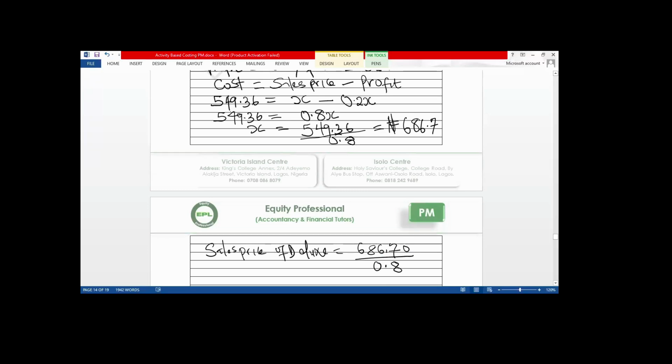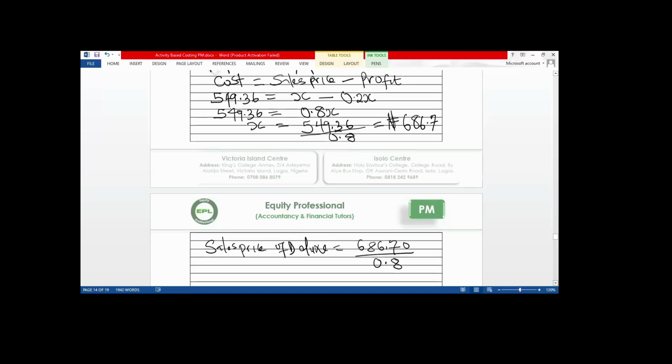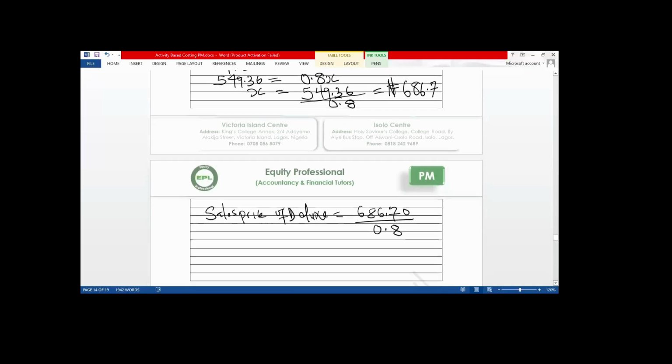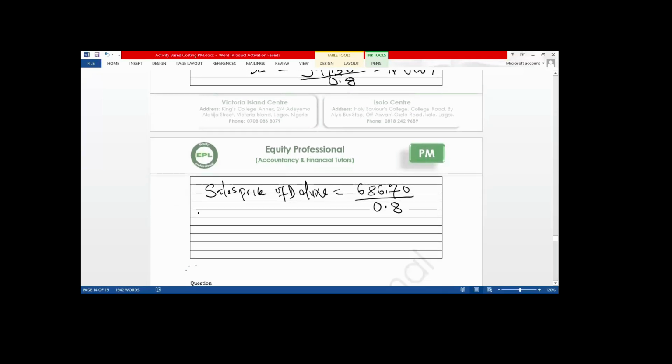Look at it, please. I've just done mathematics. You can also do it this way. Profit is 20% margin. Therefore, cost is 80%.